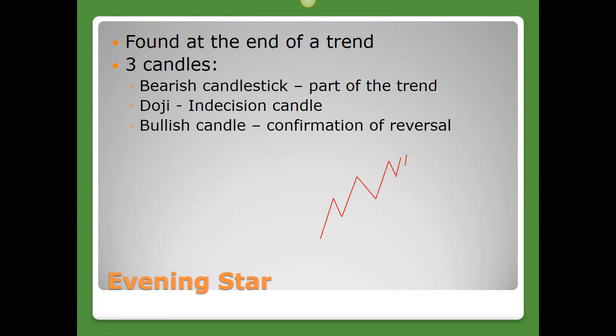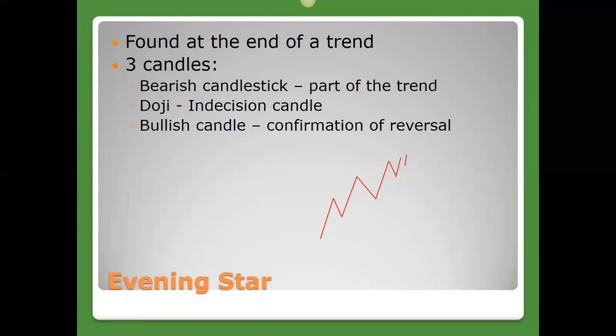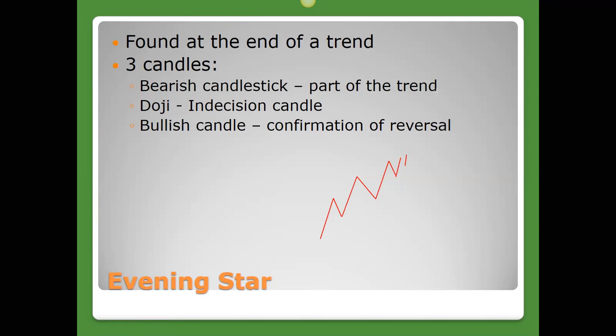If it's at a key support or resistance area, it doesn't matter what kind of chart it is. If it's a 1 hour chart and it's a key resistance area and you see an evening star formed, I would just look for a little bit of a pullback, about 50%, and then take that short. It doesn't matter what time frame, it works in all of them.